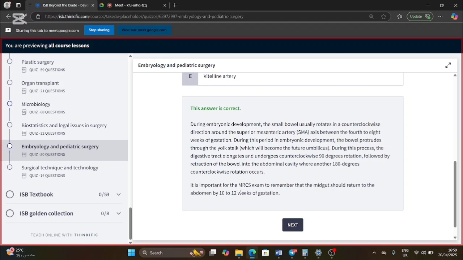No, also no. Malrotation, I think. Malrotation is a problem with rotation, but it is not a problem with return, meaning that it does not return completely into the abdomen. Abdominal viscera outside the abdominal cavity is either gastroschisis or omphalocele.